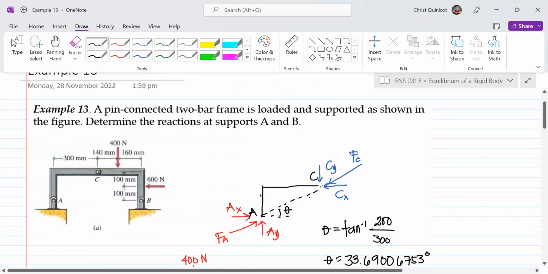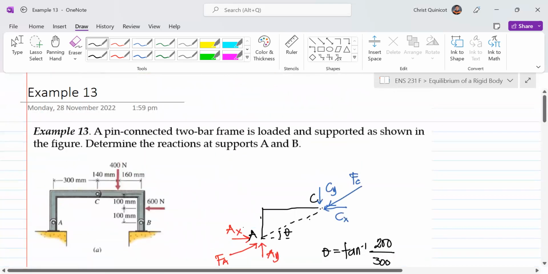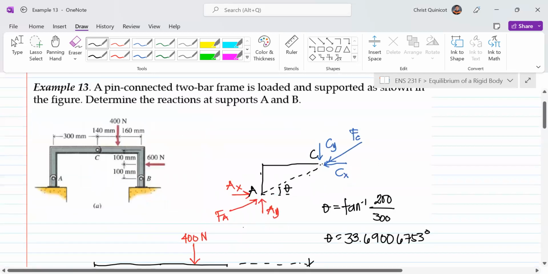Because if you observe again, like I said at the very start of our solution, AC is pin connected, and BC can also be considered a two-force member, right? Okay, so that is example 13.